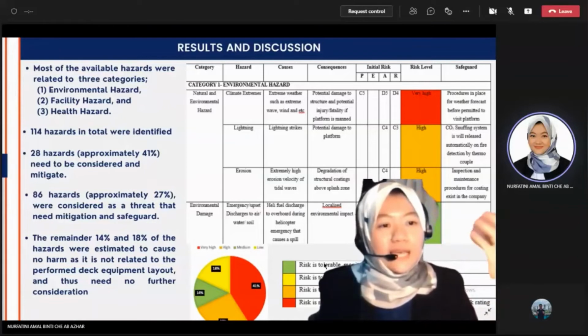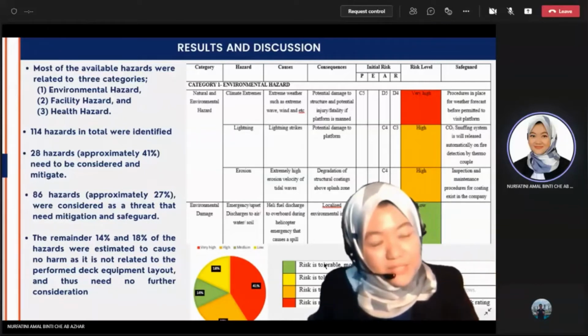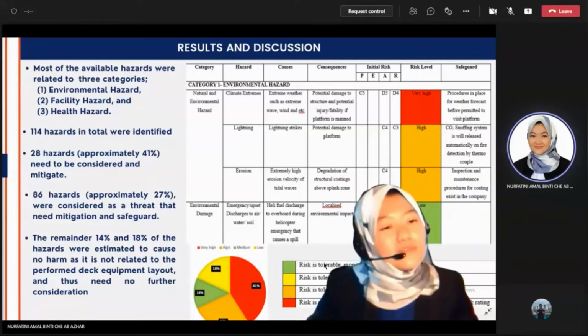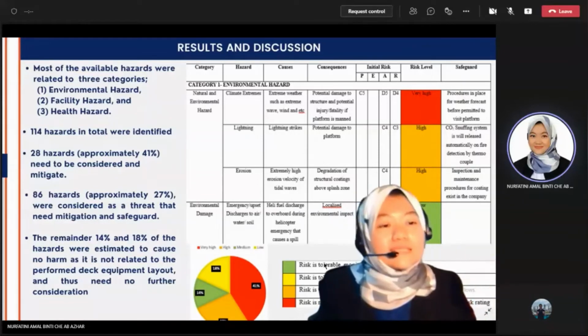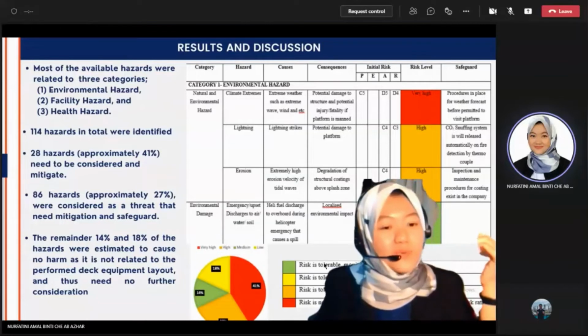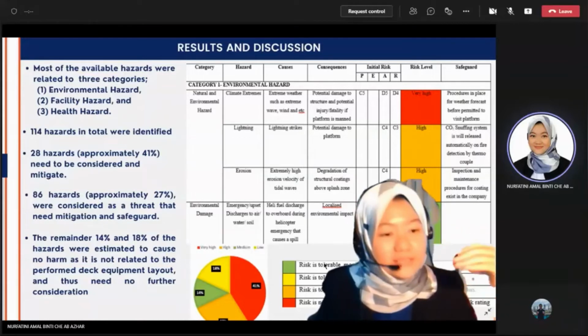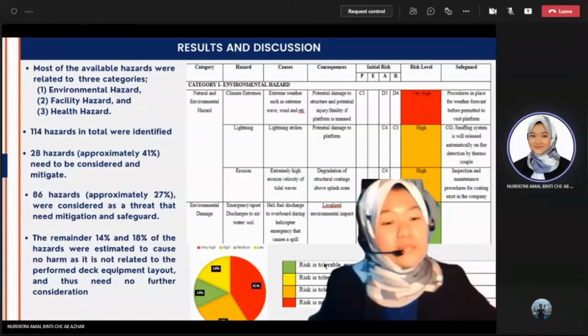So they will produce a risk level based on the risk rating. Based on the risk level, we will see the colors or the levels of how severe it is. Let's say the red one is very high, so the risk is not tolerable, which means we must mitigate the risk, and we have to propose the safeguards.